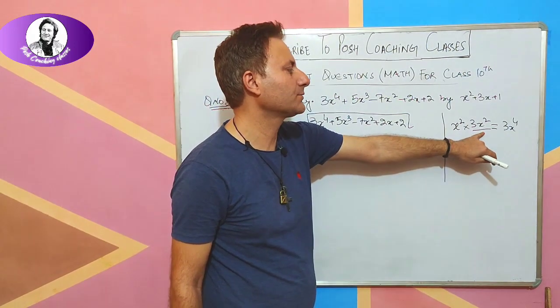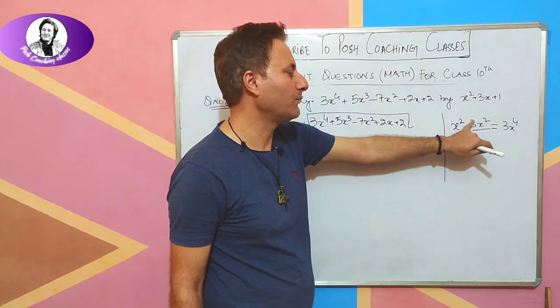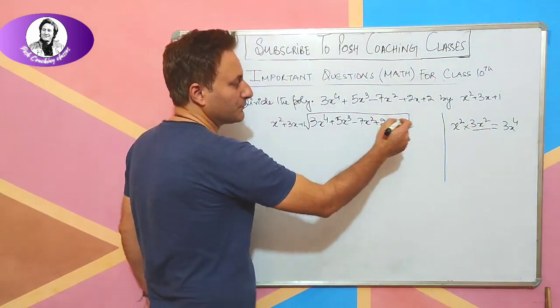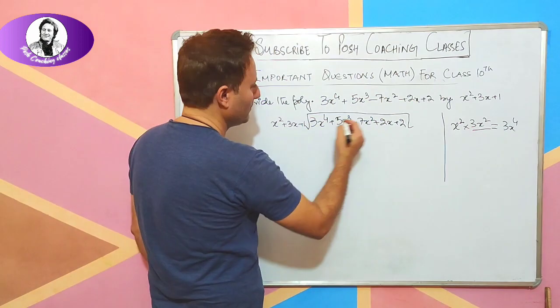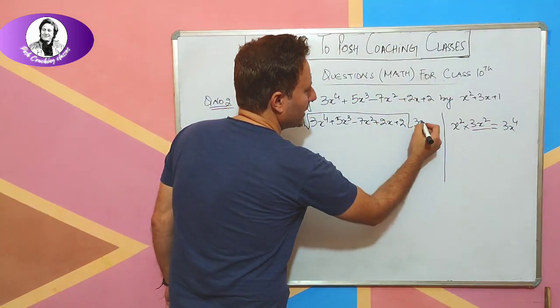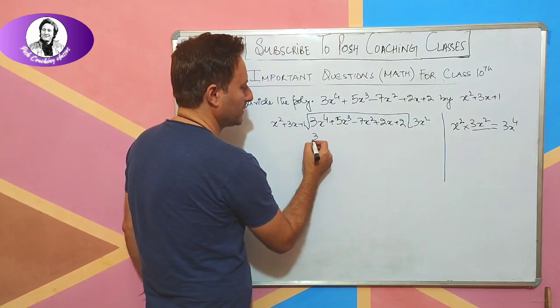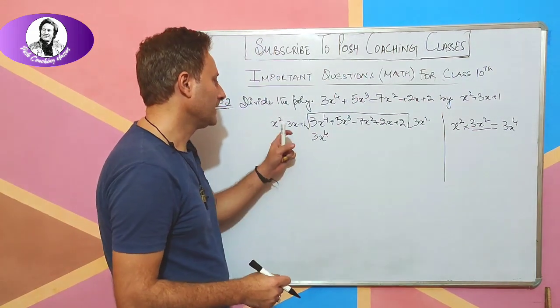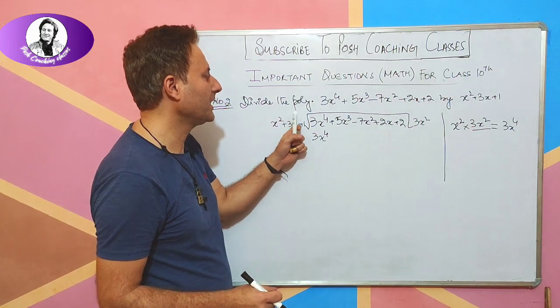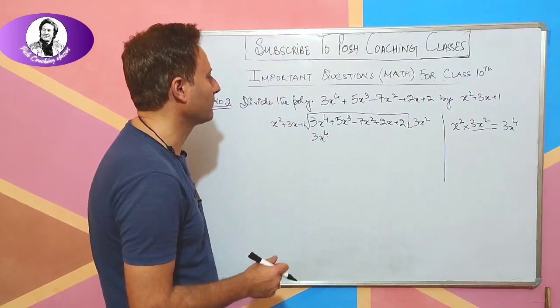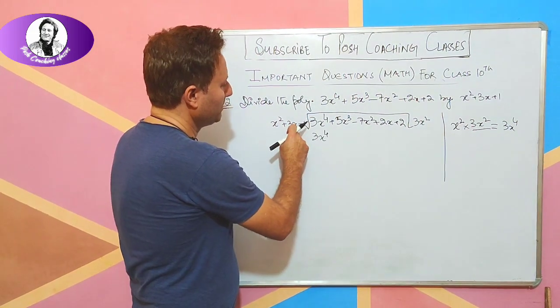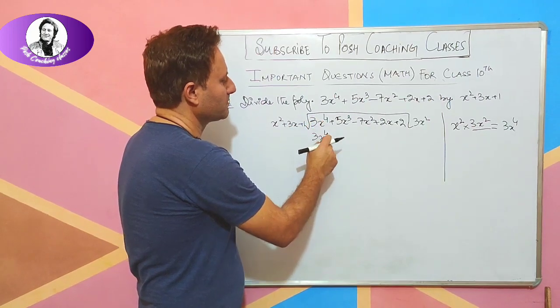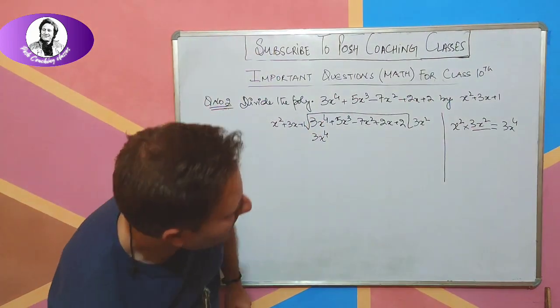So x into x cubed becomes x raised power 4. So we will put 3x squared here, and it becomes 3x raised power 4. The story doesn't end here. Now we have to multiply 3x with 3x squared. Now it becomes 3x into 3x squared, and I'll just rub this one.